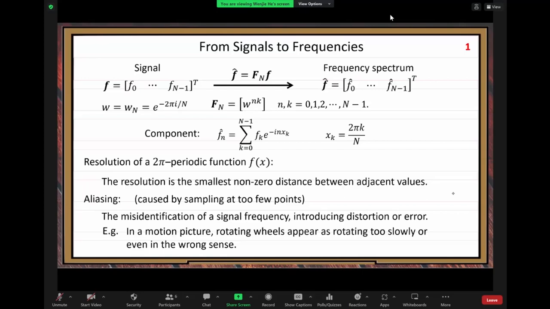So the number n is relatively large. If it's too small, you have a lot of aliasing problems. So you want to make n not too small, just large enough to eliminate aliasing.